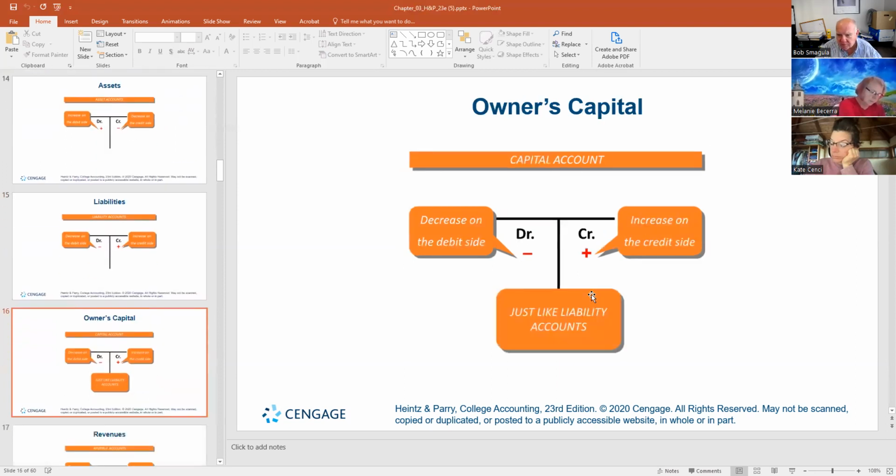Capital, owner's equity, net worth, stockholders' equity, increases on the credit side, just like the liability accounts. So there's three rules right there. Assets have a normal debit balance. Liabilities and owner's capital have normal credit balances.